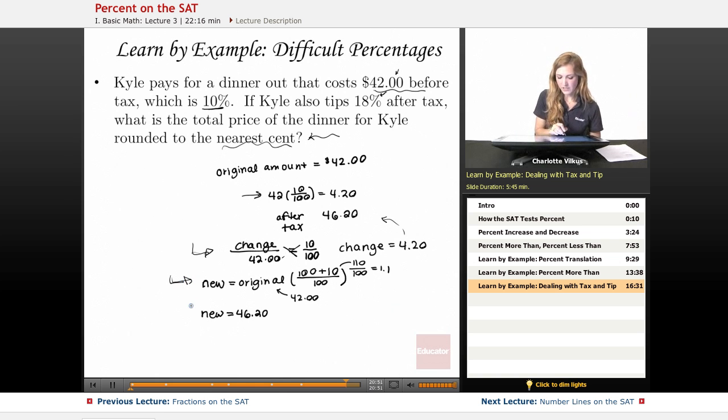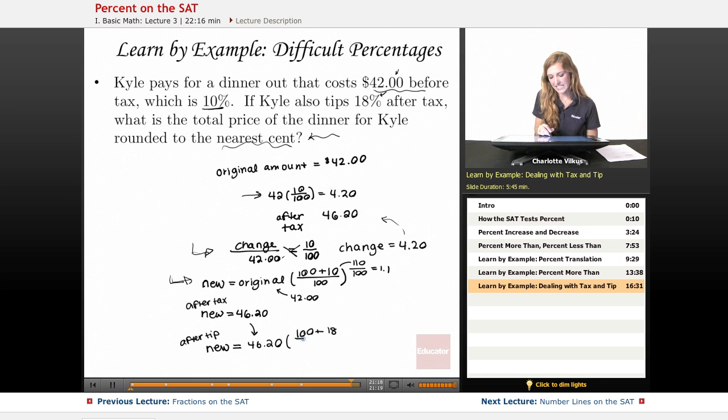If we do this again, so we got our after-tax amount, if we do it again to get our after-tip amount, we can just put the new amount is going to equal the original, where in this case our original is the after-tax amount, so $46.20 times 100 plus 18, because we're going to increase it by 18% with our tip, and this is going to be 118 over 100, or 1.18.